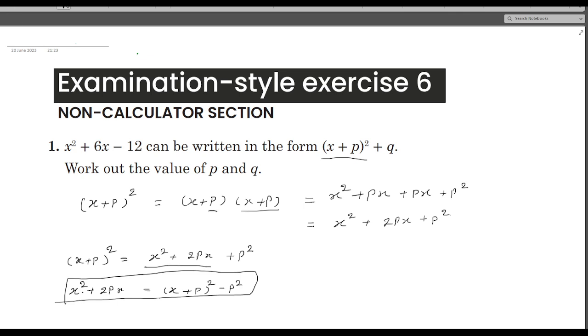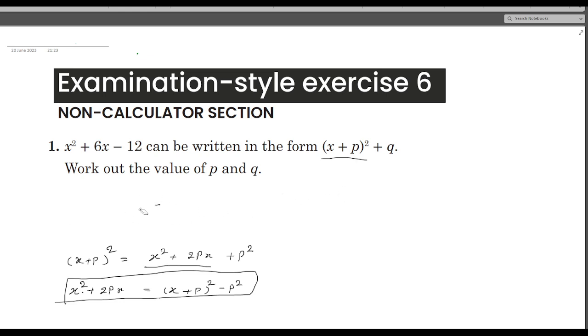Okay, so here I will solve the problem first using this expression.